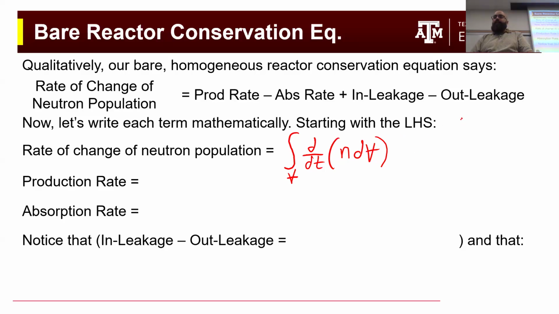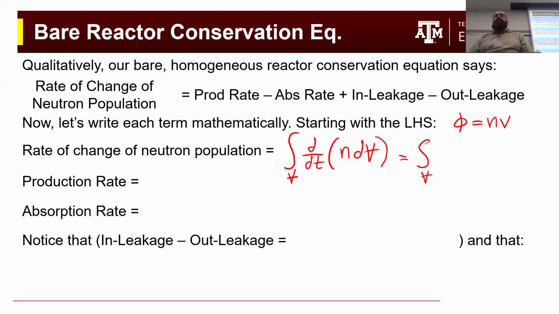And if I use the fact that phi equals nv, where little v is the neutron speed, then I can rewrite this equation in terms of the flux instead of in terms of the neutron density. So that means I'm going to have a volume integral.